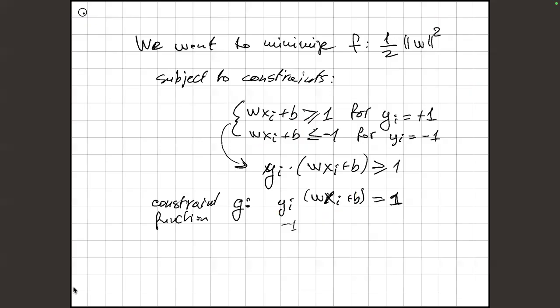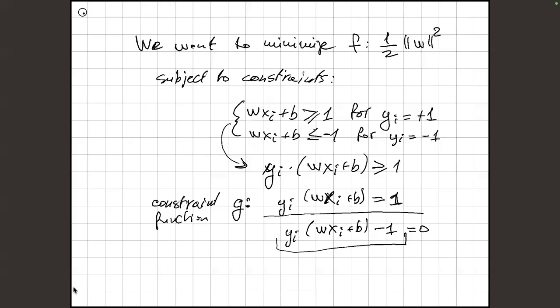And for positive, it will be positive. So these two equations are now written in this form. For the optimization problem, this G should have 0 at the end, so you rewrite it as y_i (w x_i plus b) minus 1 equals 0. Now this is your G that you will use as the optimization constraint.